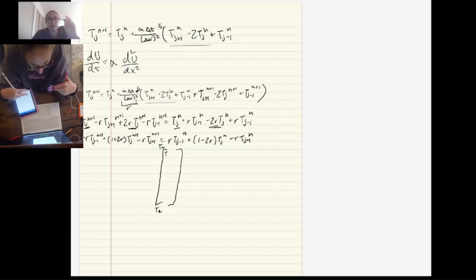So from that, we can come up with our left side. If I say T2, and we're going to be multiplying this by n plus 1, we have to do the left side of the equation. If I have T2, that means J is going to equal 2. So this is 2, this is 1, and this is 3. Those are going to help us with where they are in the matrix.